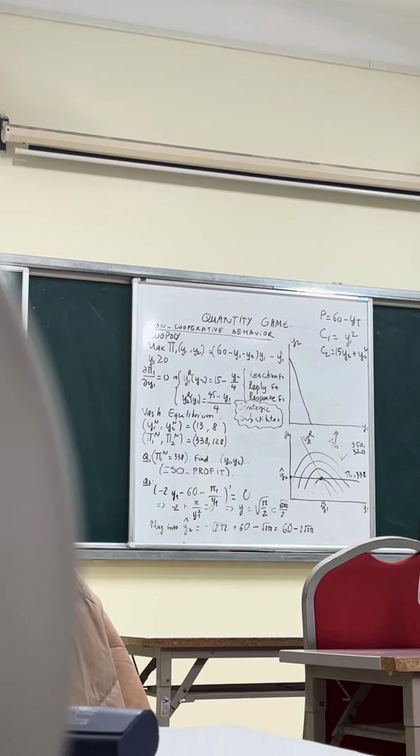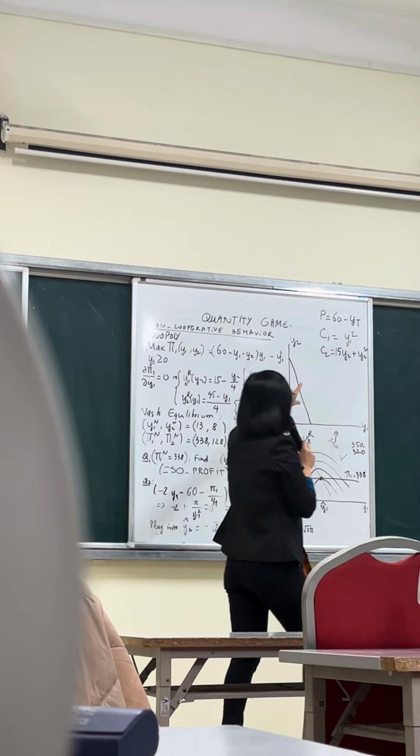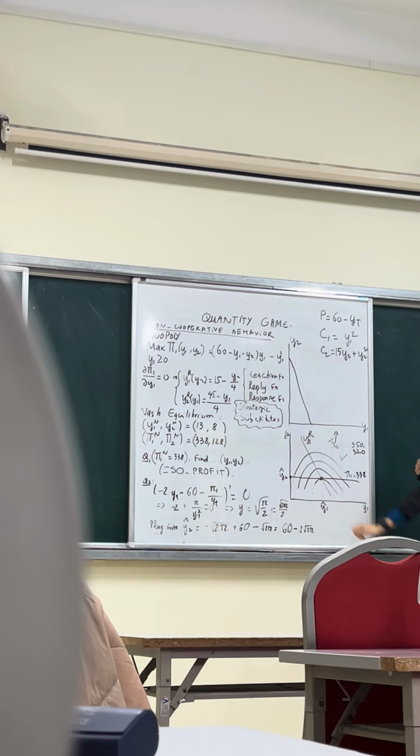So this is one behavior. Next time we are going to consider the other behavior. We are going to base a lot on the concept of isoprofit curves to analyze the game. We are going to keep the data here for all the lectures before the holiday. So at home try to redo this.